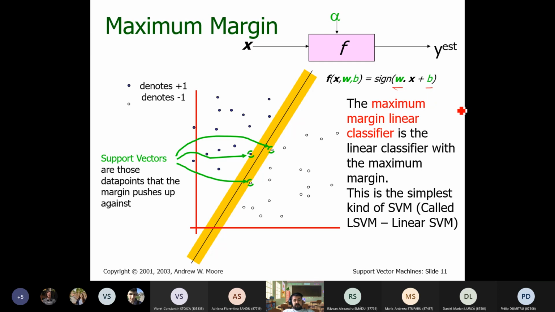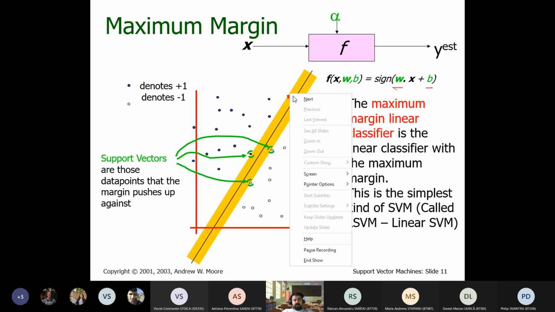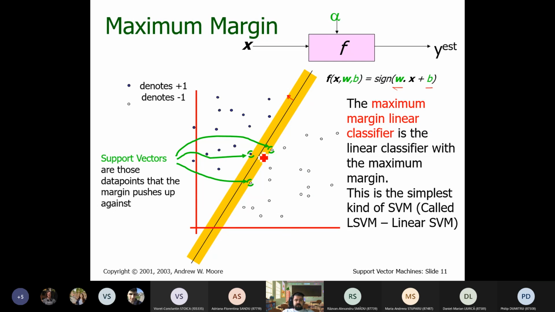But before that, let's see why it is called support vector machine. As we increase the margin of the classifier, we will get over some data points. These data points are extremely important because they are the support vectors. This is how they are called.